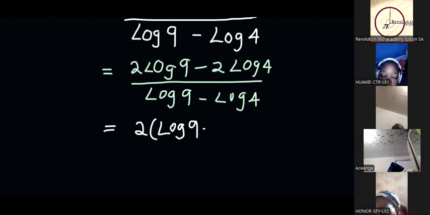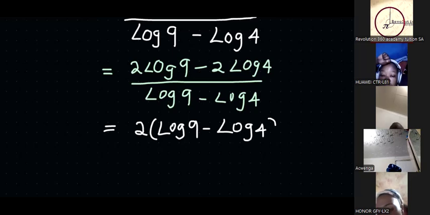Do you all understand? Okay. Then from here, you divide by that denominator, you leave it as it is. So that will be log 9 minus log 4.